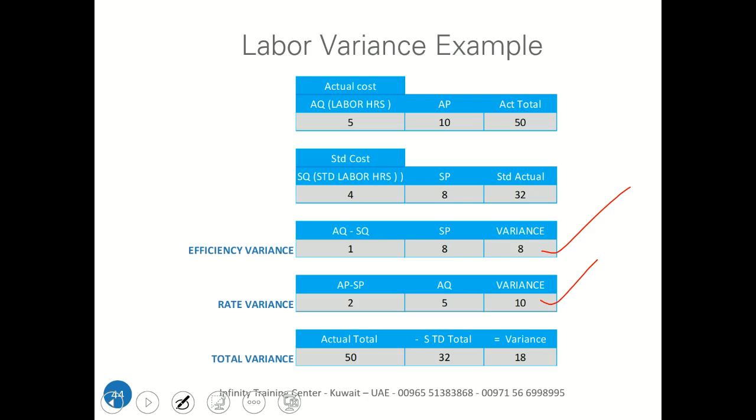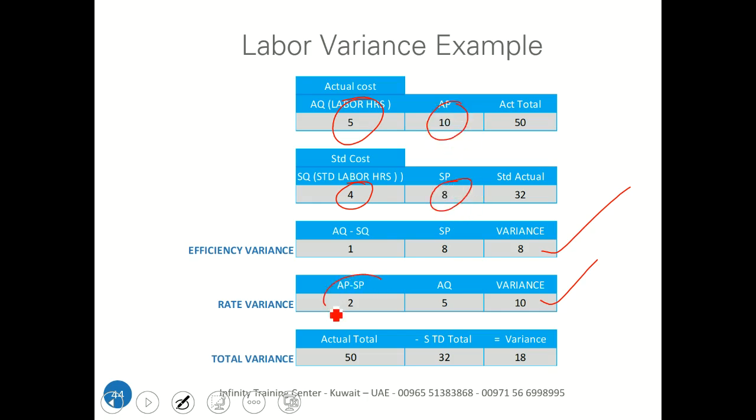Now you can make any individual accountable for this variance. For efficiency variance, why did we use more hours than the standard? We are supposed to use 4 hours per unit, but we used 5 hours. So who is responsible for this? He'll be answerable for this variance. Then how much did we pay? We are supposed to pay $8, but we paid $10.